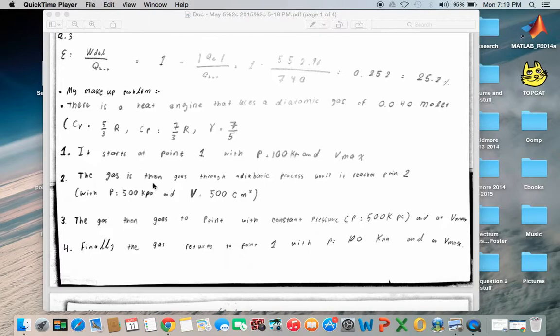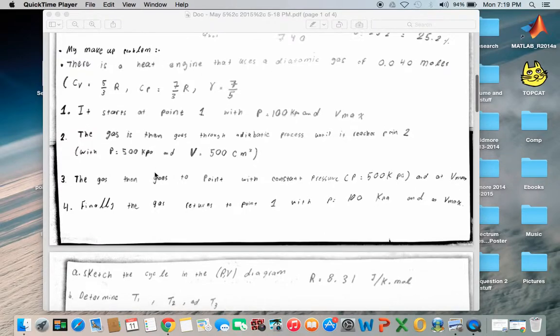So what the question asks you, the first is to start at point 1 with pressure of 100 kilopascal and at Vmax. The gas then goes through an adiabatic process until it reaches point 2 with pressure at 500 kilopascals and volume 500 centimeter cubed.